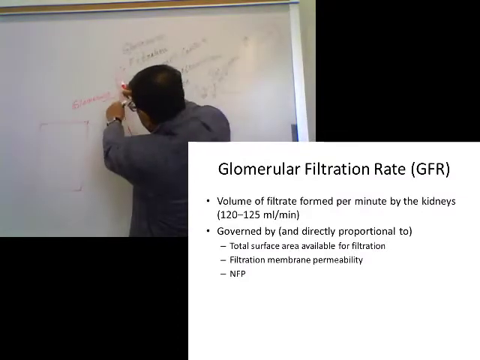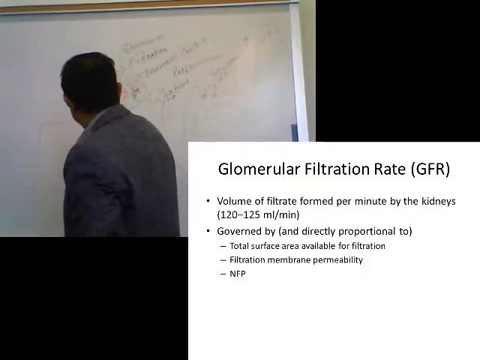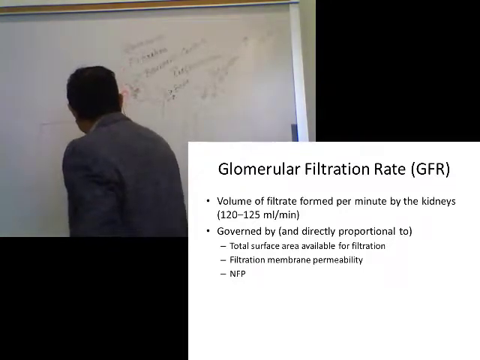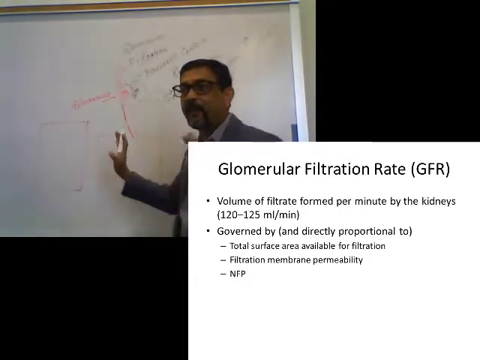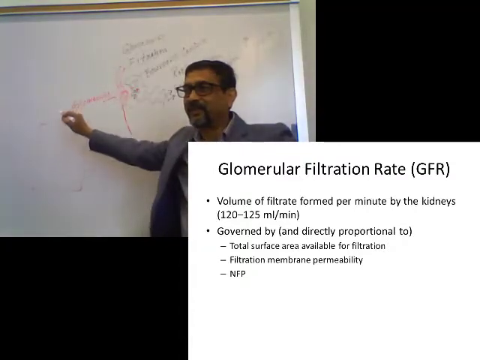Now if I make it straight and measure the surface area, in this case total surface area will be less, right? Is it clear? Because this is shorter if you make it straight.